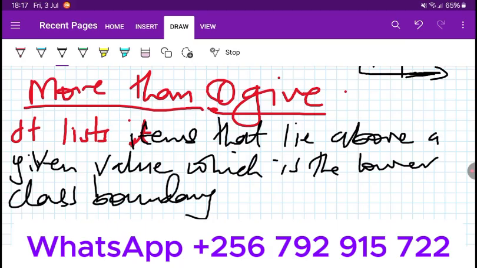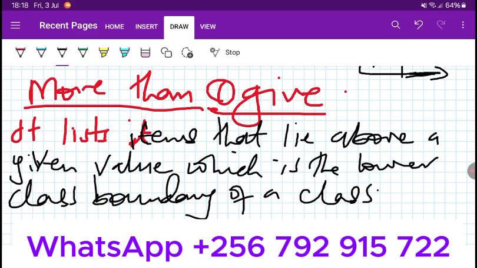So they give you a lower class boundary of a certain class, and then they tell you to give them how many numbers are above that value.